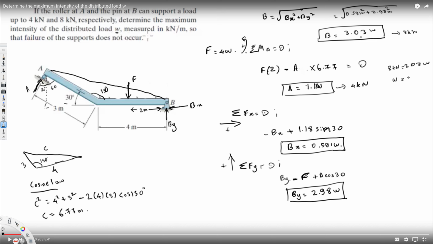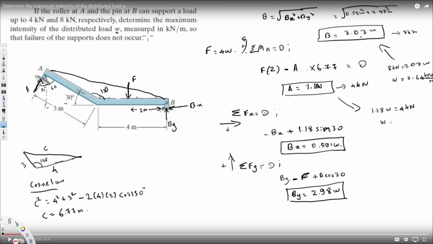W is going to be equal to 2.64 kilonewton per meter. Then if I substitute here for A, this is for B. For A, if I substitute this one, 1.18 W equal to 4 kilonewton.